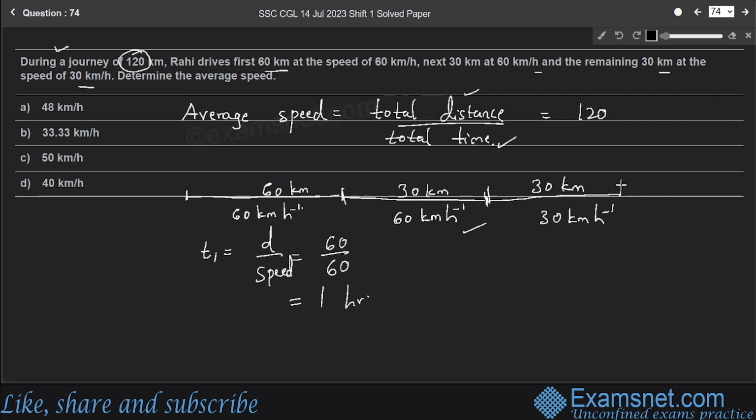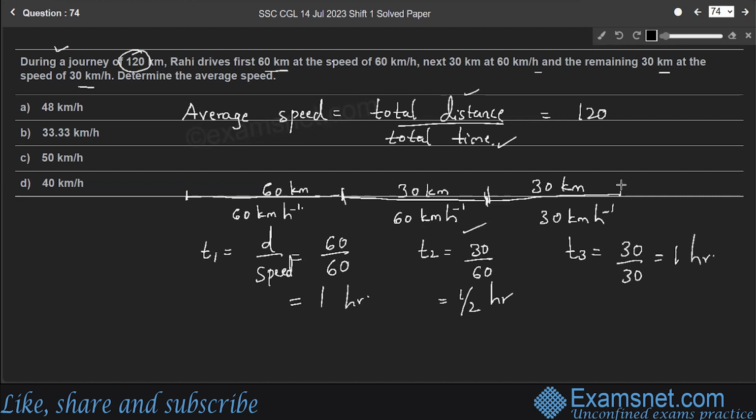So Rahi takes 1 hour to cover 60 kilometers. In the second part of the journey, distance by speed, which is 30 by 60. So Rahi takes half an hour to cover 30 kilometers. Whereas in the third part of the journey, time taken by Rahi is distance by speed, which is 30 by 30. So again, Rahi takes 1 hour.